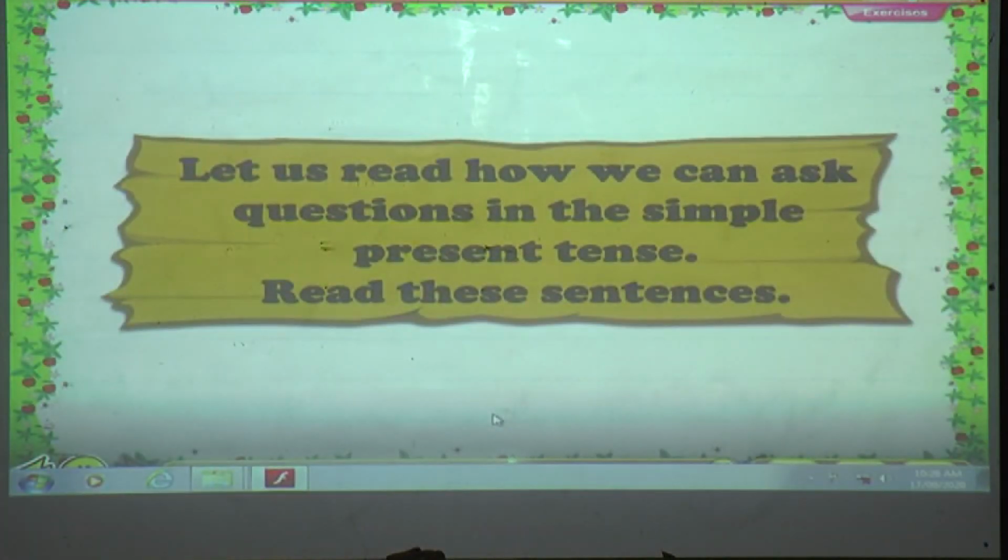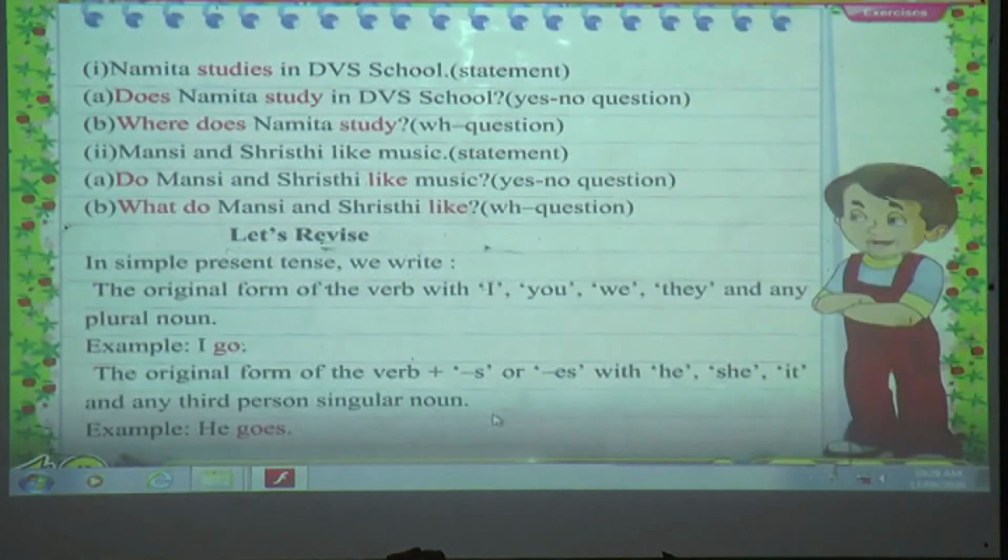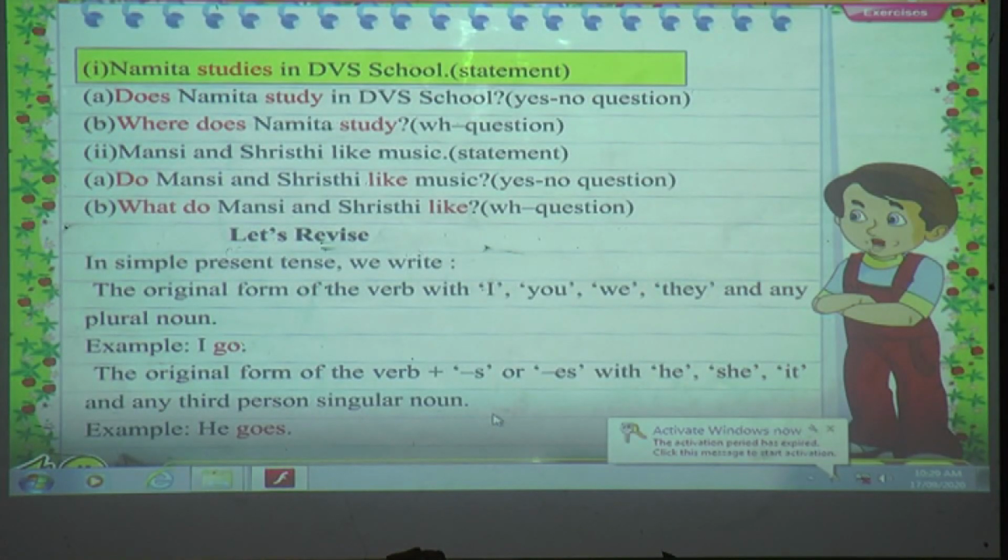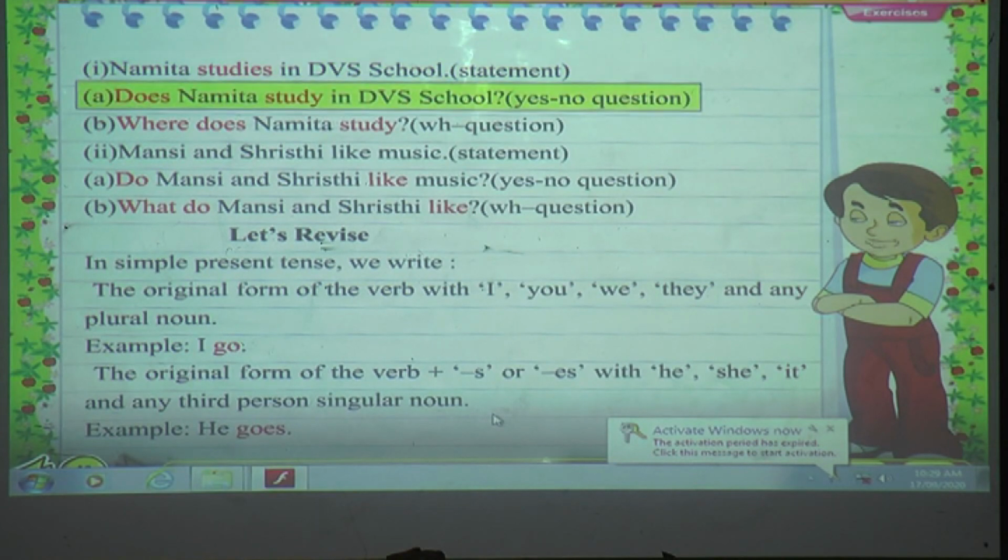Let us read how we can ask questions in the simple present tense. Read these sentences. Lavika studies in DBS school. Statement. Does Lavika study in the DBS school? Yes/no question. Where does Lavika study? Verb question.